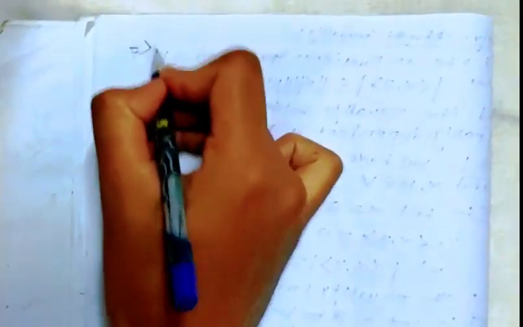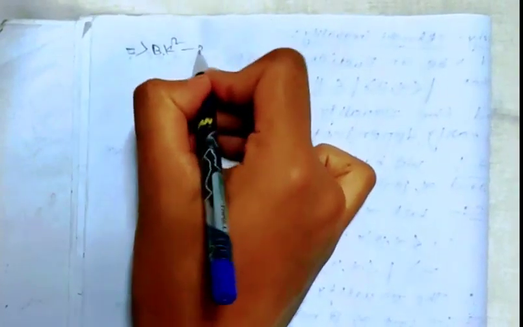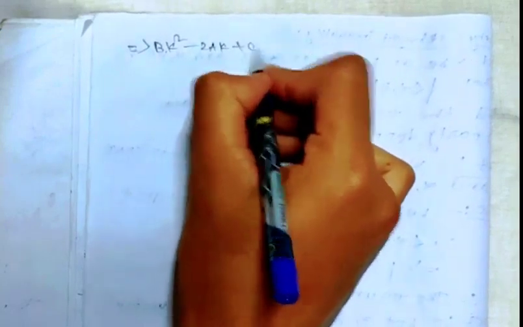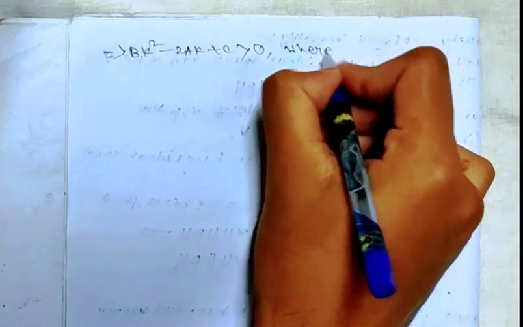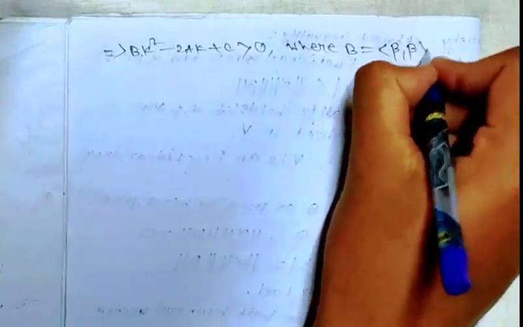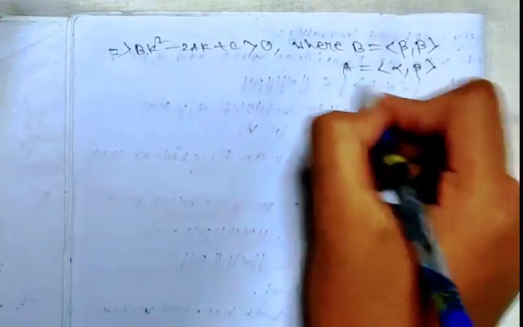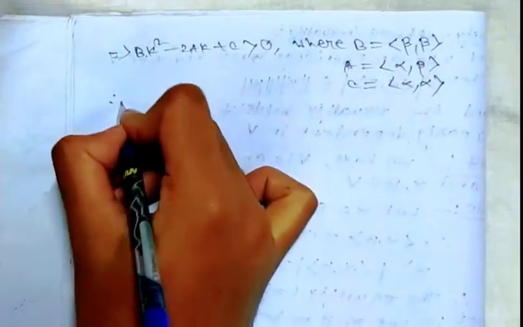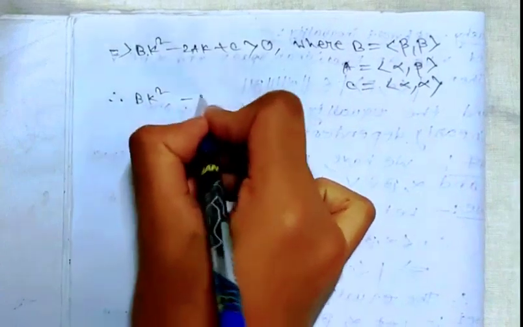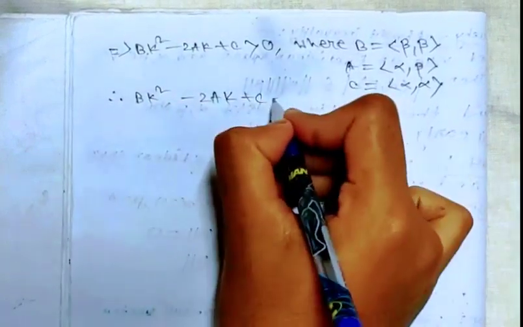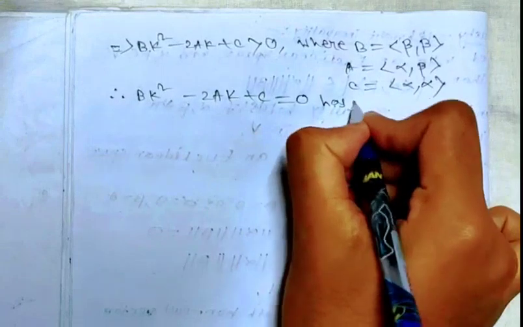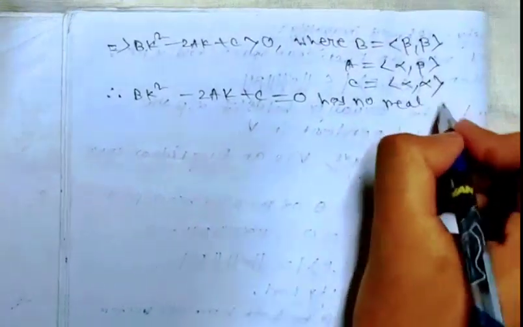That implies bk square minus 2ak plus c is greater than 0, where b equals the inner product of beta, beta, a equals the inner product of alpha, beta, and c equals the inner product of alpha, alpha. Therefore bk square minus 2ak plus c equals 0 has no real roots.